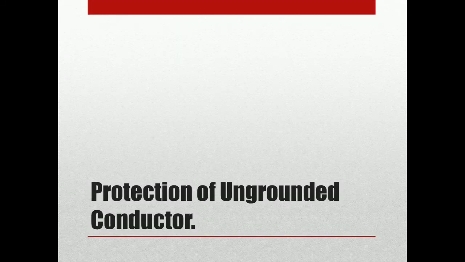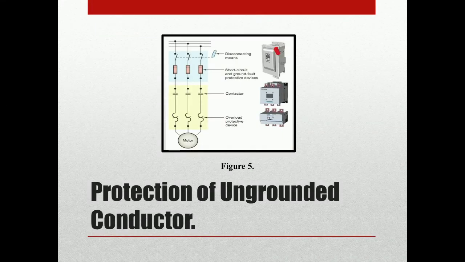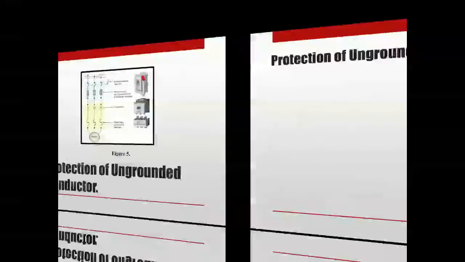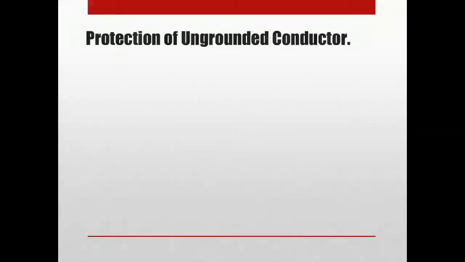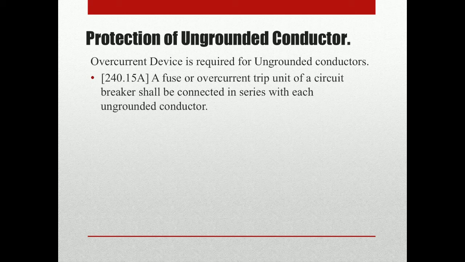Now, protection of ungrounded conductors. Critically, this one is very important as an overcurrent device is required to be in line with the ungrounded conductor. A fuse or overcurrent trip unit of a circuit breaker shall be connected in series with each ungrounded conductor.